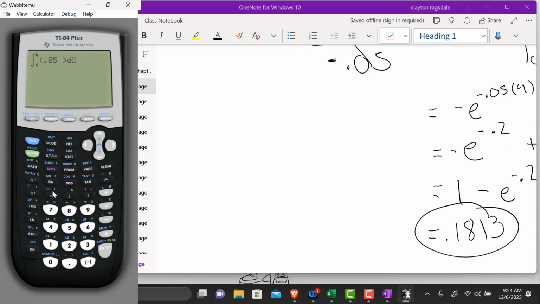We're looking for the e, which is hiding under the natural log. There we go. To the negative 0.05x dx. And perfect, 0.1813. All right, so both ways of doing it.